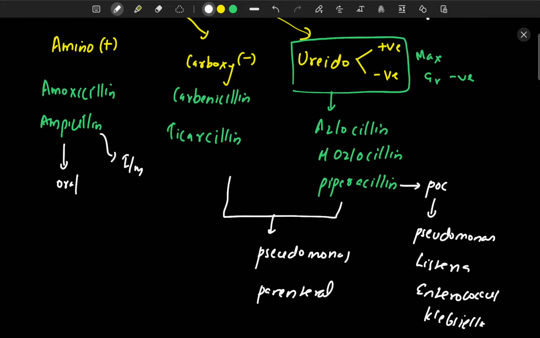Compared to ampicillin, amoxicillin has better oral absorption.